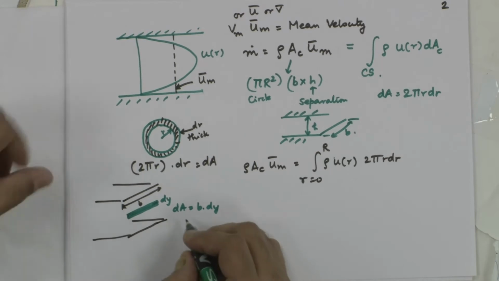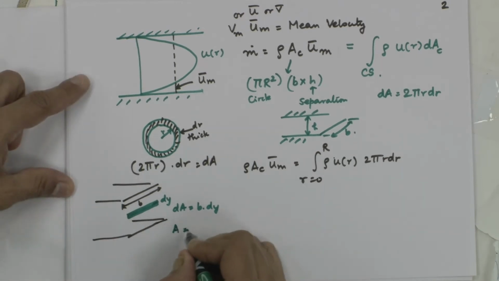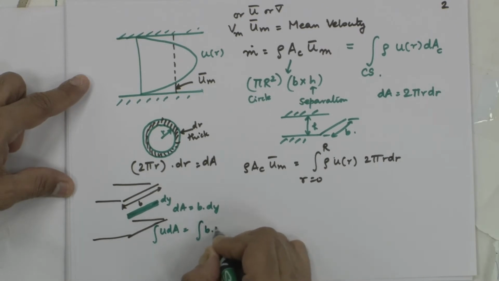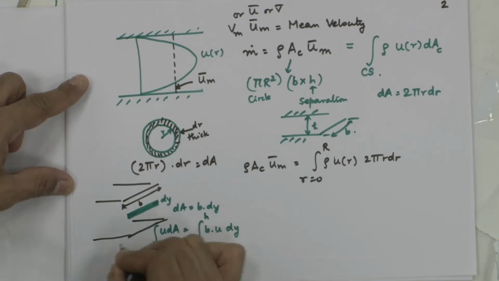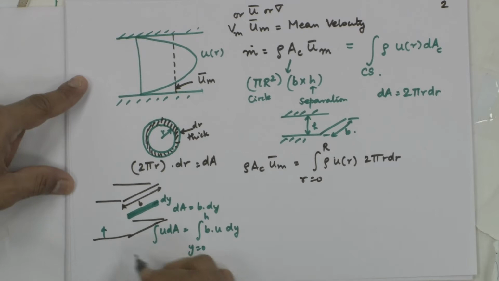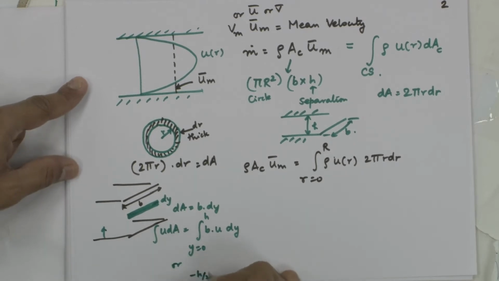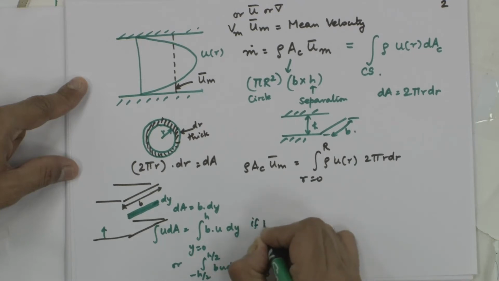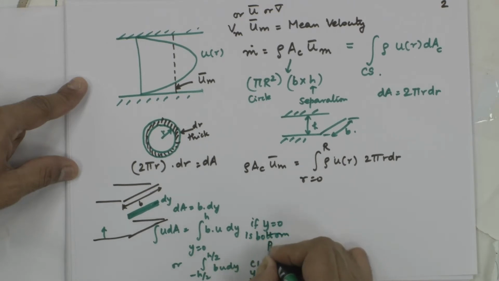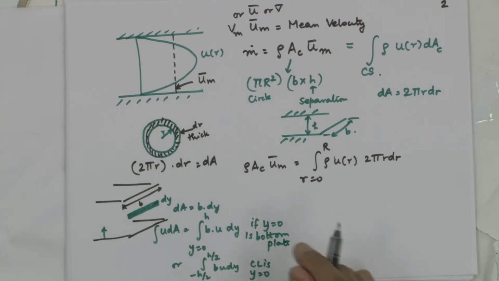So, integral u dA is nothing but B into u dy, y equal to 0 to h if this is your starting axis, or minus h by 2 to plus h by 2 if the center line is y equal to 0, or y equal to 0 is the bottom plate. So, this is only a mathematical change; the concept remains the same.